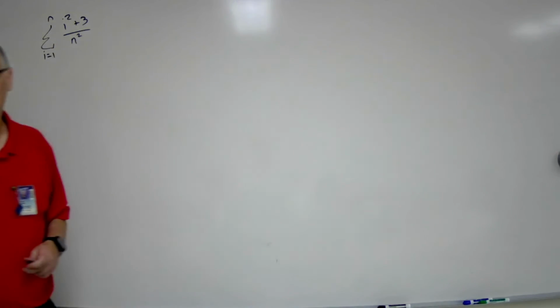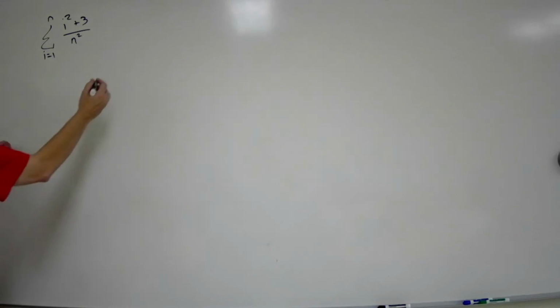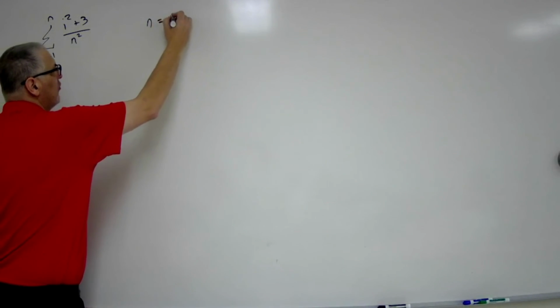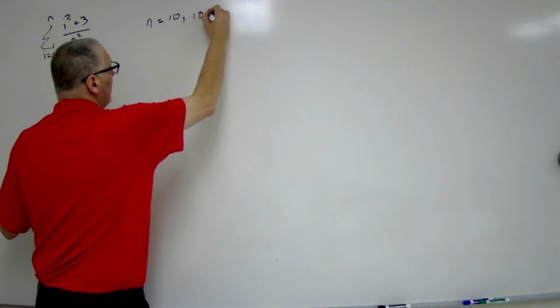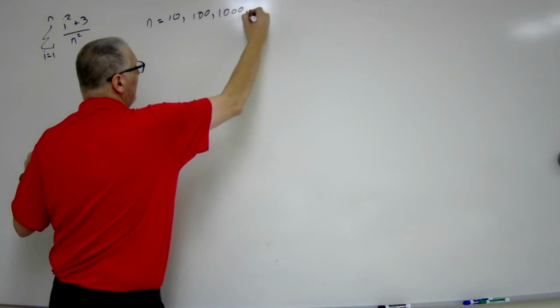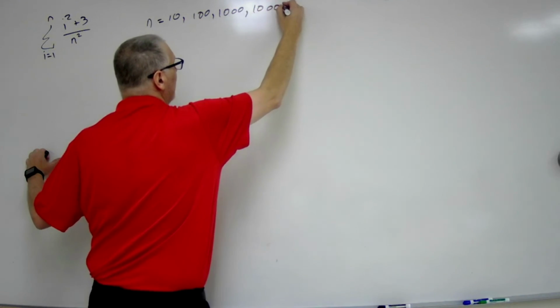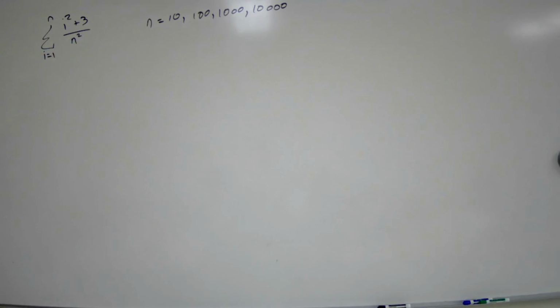So simplify this and then do the table. I'm not worried about the limit, because once you do the table, you're going to know what the limit is. So give me a table when n equals 10, 100, 1,000, and 10,000. So simplify and then use a table.